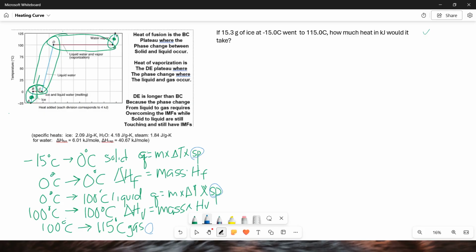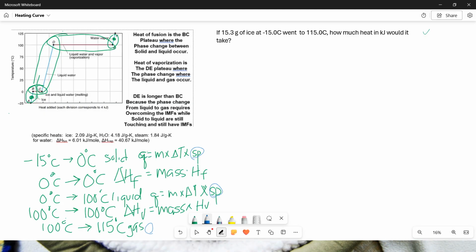Of course right here, I have the different values that we're going to need, whether it's specific heat or the heat of fusion or heat of vaporization constants. Now, I do want to point something out. If you will notice right here, the specific heats are all in joules and grams, which is common.